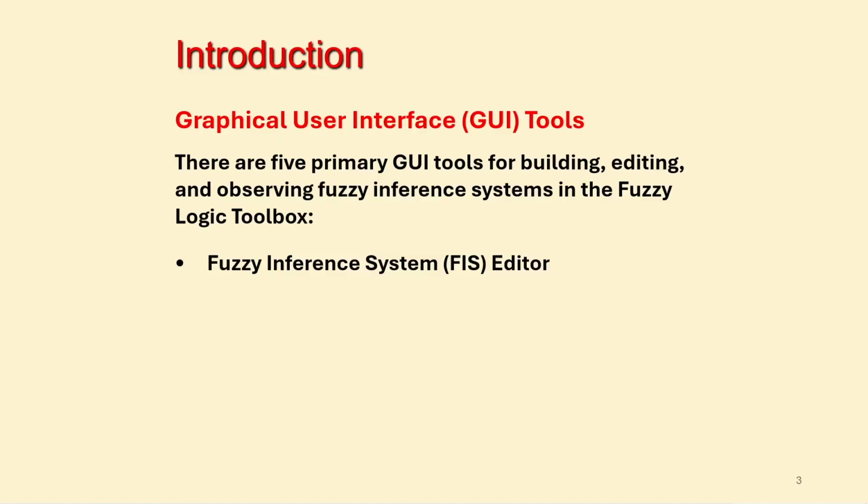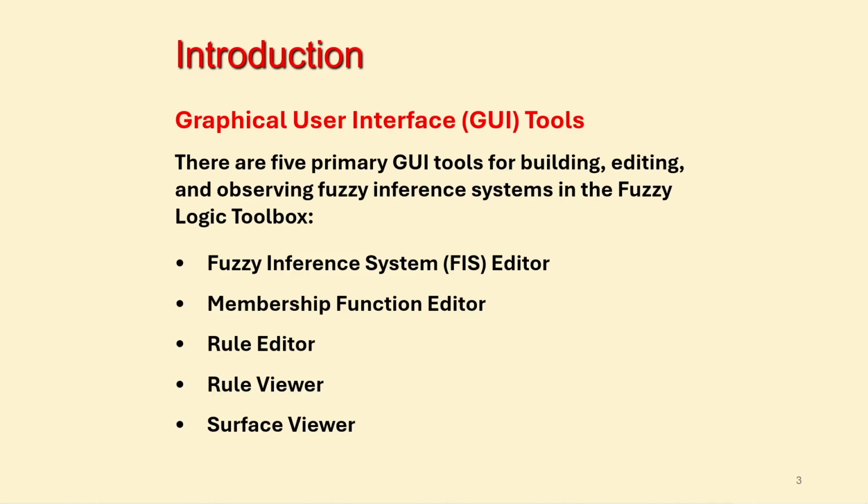They are the FIS editor, membership function editor, rule editor, rule viewer, and surface viewer. These are the 5 different GUI windows necessary for building, editing as well as visualizing the fuzzy inference system environment. Let us see them one by one.